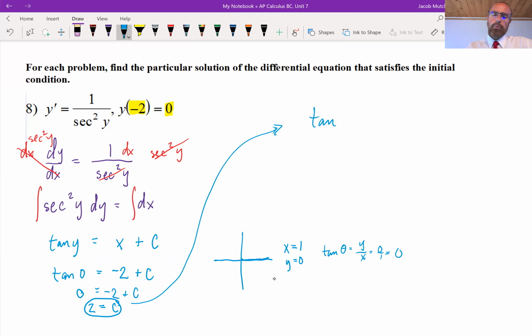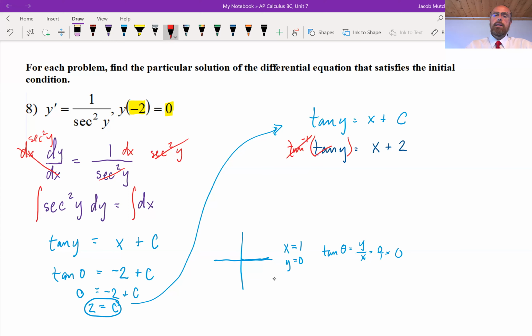So with that, I'm ready to convert my general solution to a particular solution. Let's pull the general one. It's tangent y equals x plus c. Let's substitute in our c value of 2. So tangent of y equals x plus 2. And the only thing that's left, as with our first two examples, is to solve for y. So to cancel the tangent function, I want to take the inverse tangent of both sides.